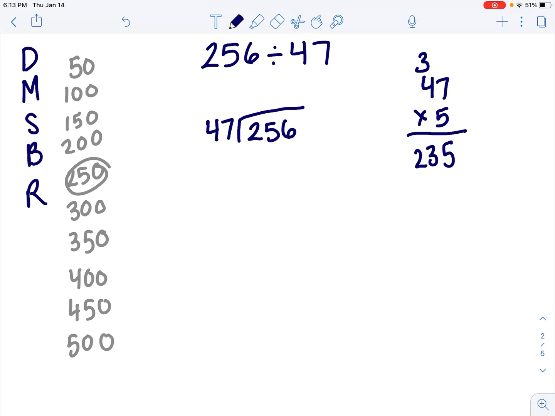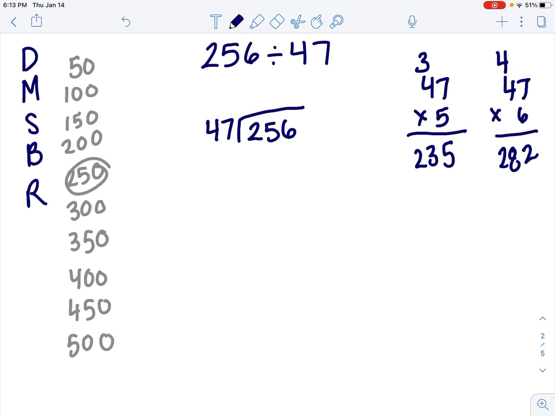Now, if you're not sure if we can fit in another group of 47 without going over 256, you would want to try 47 times 6, just to make sure. 6 times 7 is 42, so I carry my 4. 6 times 4 is 24, plus 4 more is 28. I noticed that 282 is too much, so let's go with 5 groups of 47.